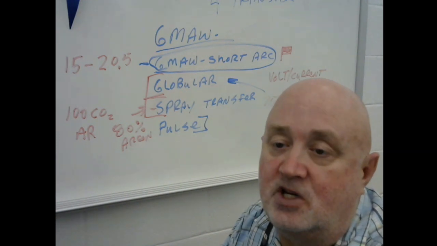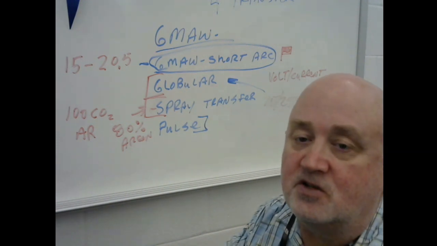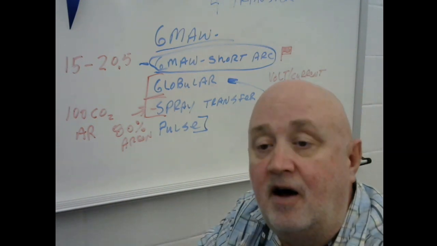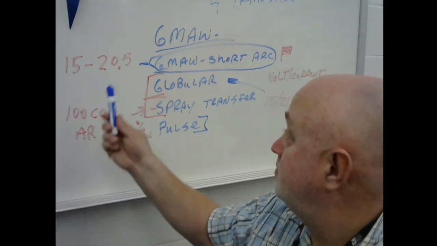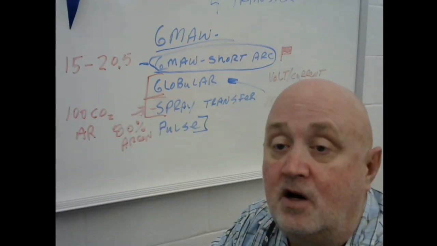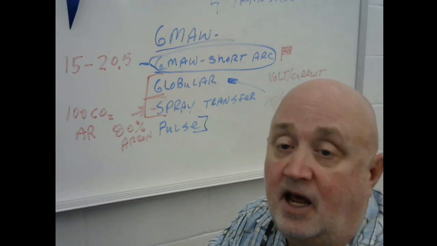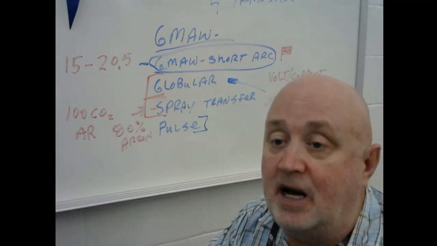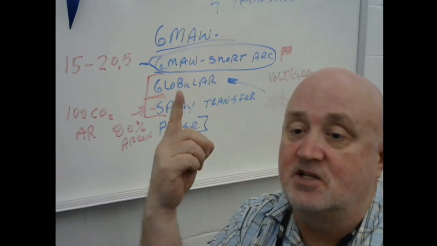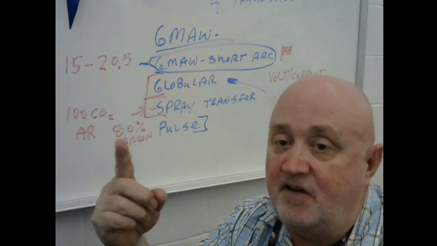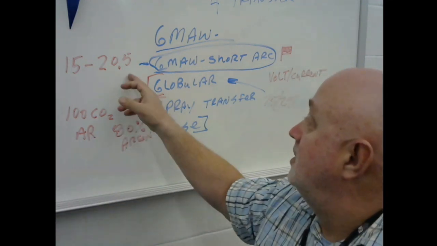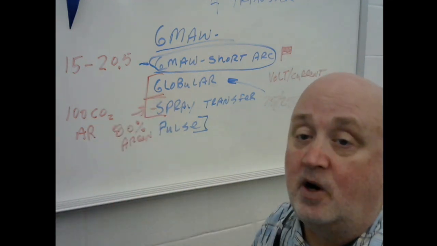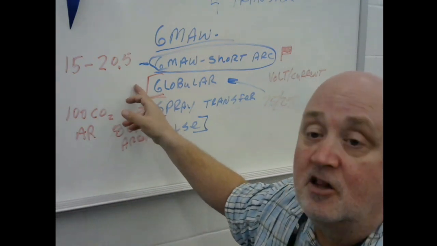And as an engineer or an inspector, you need to be cognizant that there are these 4 separate transfer modes for gas metal arc welding. And like I said, the amount of electricity going into it is going to be a big one. That's going to affect it. Anything above, like I said, 20.5, you're going to get into globular.